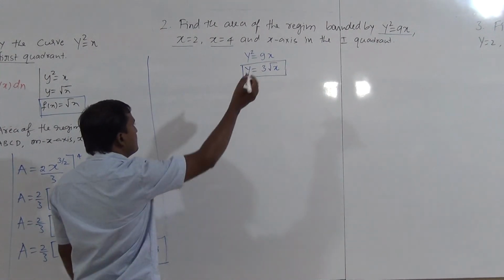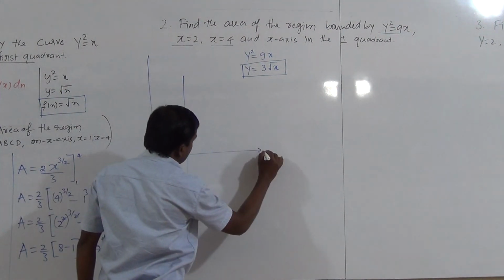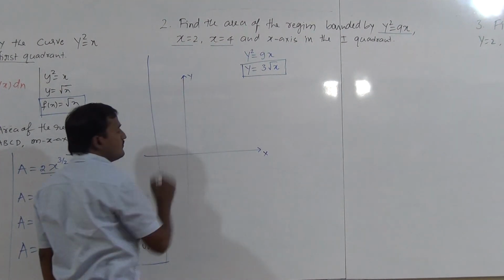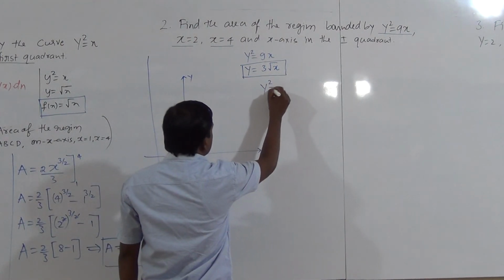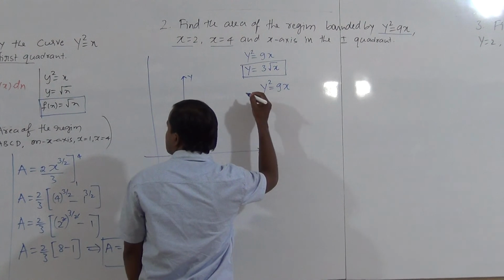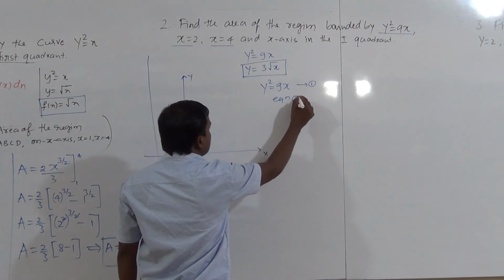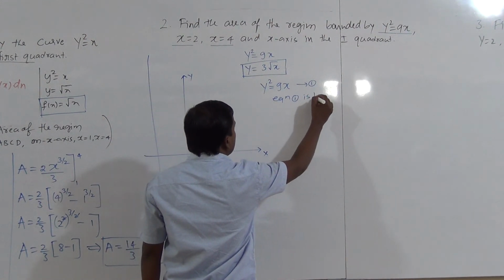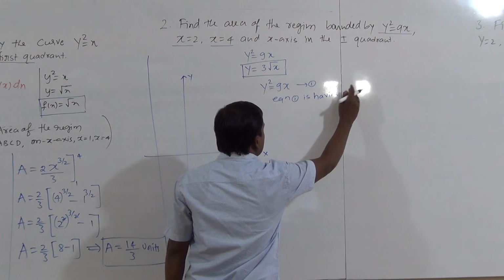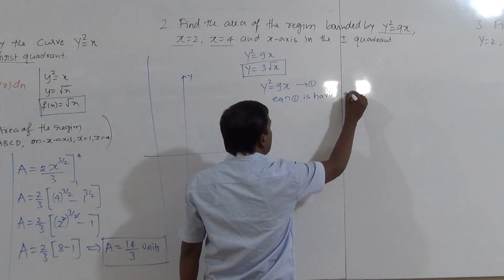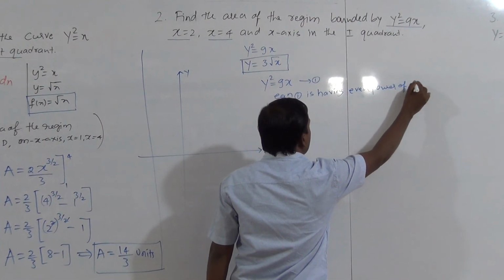Next. So now I should draw the rough diagram. So this is the x axis, this is the y axis. So clearly what is the given equation? y square is equal to 9x. y square is equal to 9x means clearly equation 1 is having an even power of y.